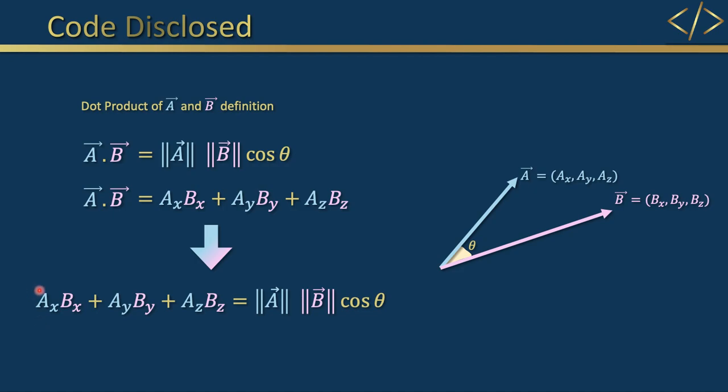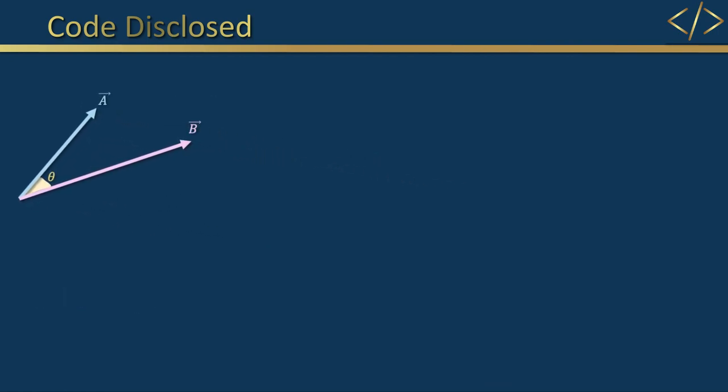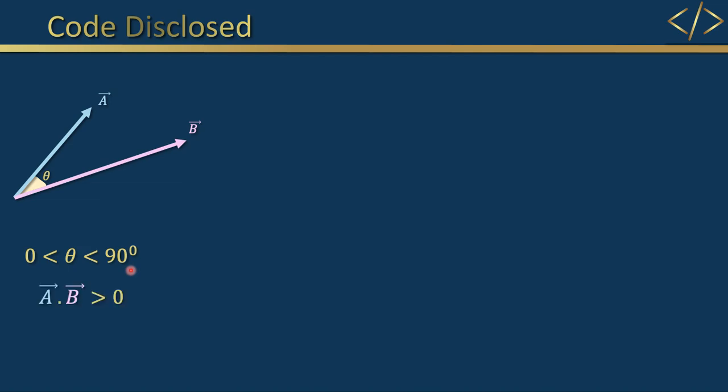Usually we use this equation when we want to know the value of the angle between both vectors. So we can say that theta is the inverse of the cosine of the left-hand side divided by this bit here, as we are going to see in a minute. All right, so speaking of theta, if the theta between these two vectors lies between 0 and 90, the dot product of these two vectors is always a positive value.